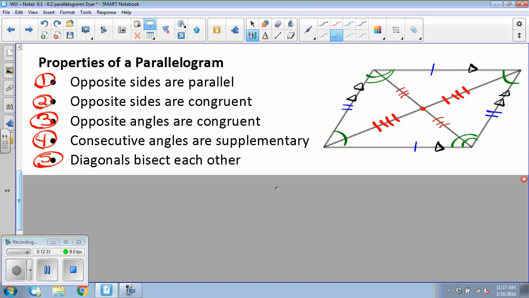Now, there's a couple of other things that we looked at because it's a transversal. We saw that this angle right here is congruent to this little angle right here because they're alternate interior angles, right? This angle is congruent to this angle because they're alternate interior angles, right? What about this angle and this angle? Why? What are they? They're vertical angles. This angle is congruent to that angle because they're vertical angles.